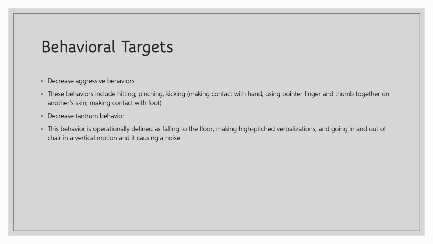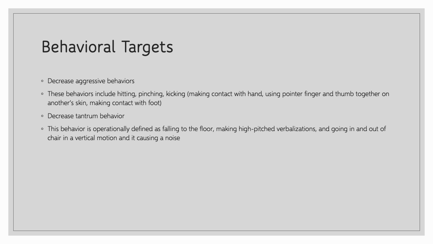And then the tantrum behavior was operationally defined as falling to the floor, making high-pitched vocal verbalizations, and going in and out of her chair in a vertical motion and it causing a noise. So that could also be floor flopping or chair flopping, along with those high-pitched verbalizations.